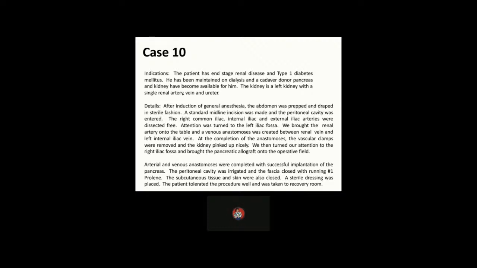After completion, the vascular clamps were removed and the kidney pinked up nicely. Next, they worked on the pancreas. So, right iliac fossa brought the pancreatic allograft onto the operative field. Arterial and venous anastomosis were completed with successful implantation of the pancreas. And then they closed everything up.